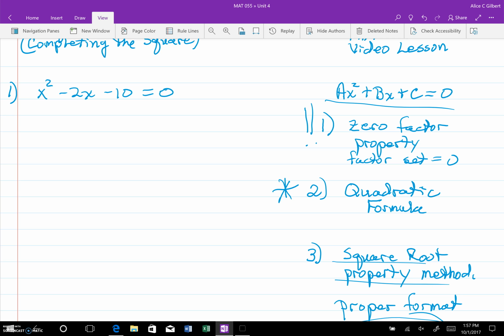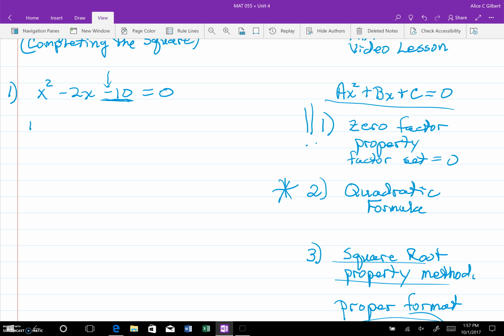The only way I can get this to be in the proper format to use the square root property is if it's already a perfect square trinomial. But if I look at this sign right here, I already know this is not a perfect square trinomial. So what I need to do is get rid of this -10 and open up that spot and put something else in there. So the way I get rid of this is to move it to the other side.